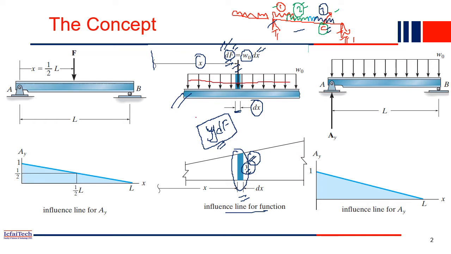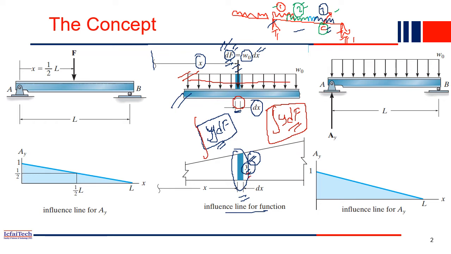It will be simply the integration of this value. Integration of y df will give you the reaction because of the entire UDL. Right, y df is only what we have derived for the dx section. If you integrate y df over the entire length, then you will get the reaction, bending moment or shear force, any quantity y because of the entire UDL.